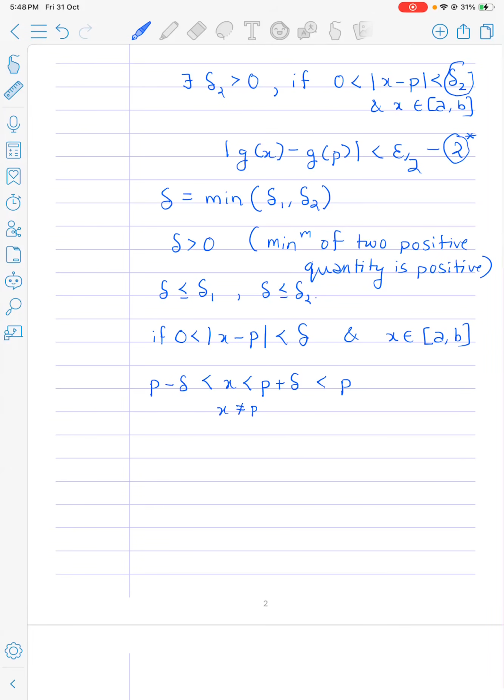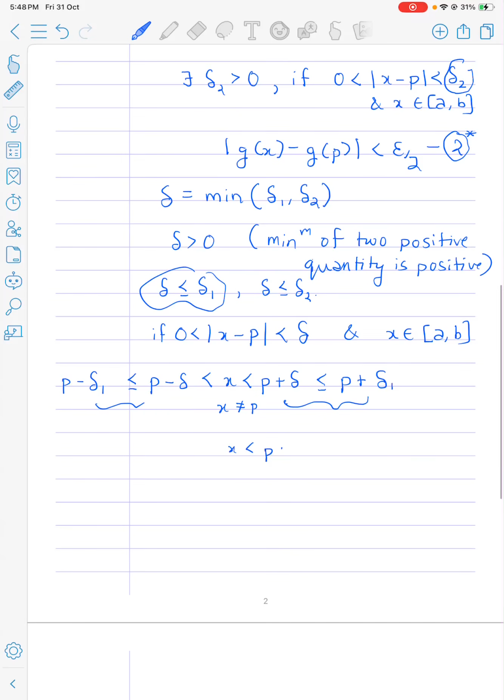And this one is satisfied, right? Because using this one, if you use here, then you will get this. So your x belongs to this, and x not equal to p.